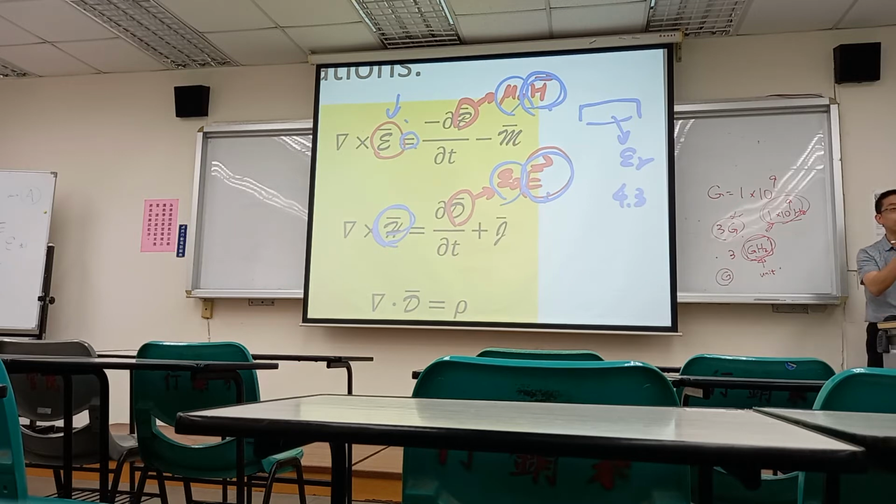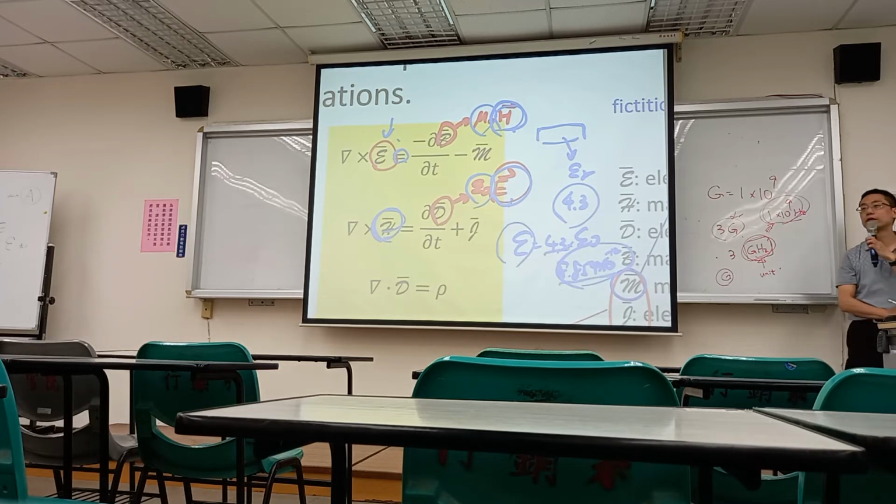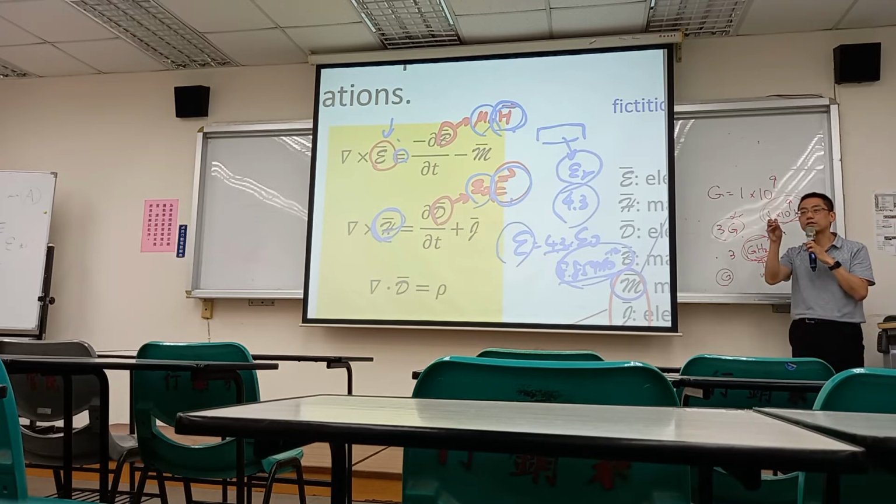You use this one, which means epsilon equals 4.3 times epsilon 0. So epsilon will become this number. This is what we are doing for the FR4. So epsilon R is the constant; you times epsilon 0, and you get the result.